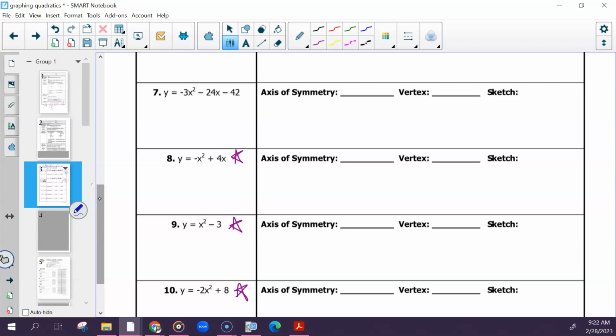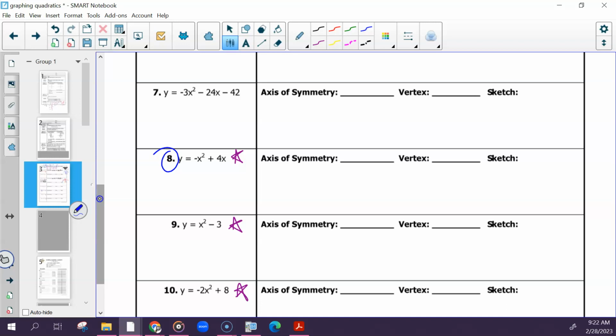Which ones do we want to see? And which method do you want to use? Table, okay. So we're going to do number 8, table method.